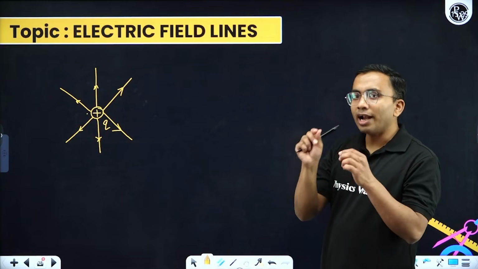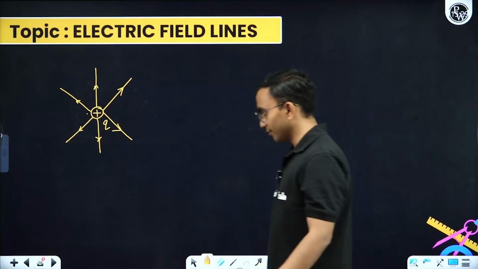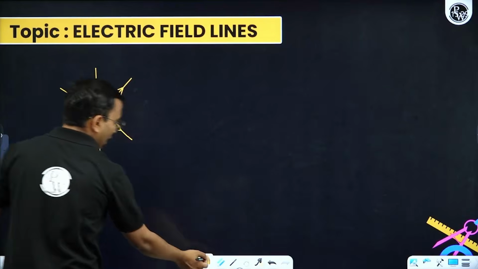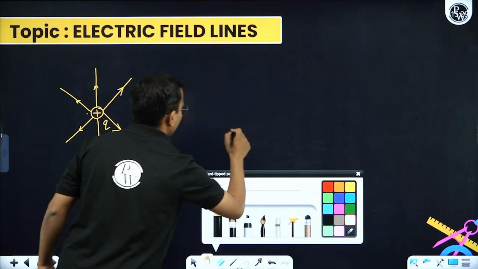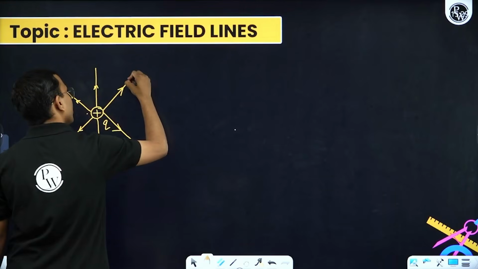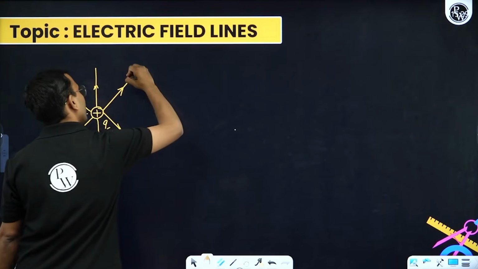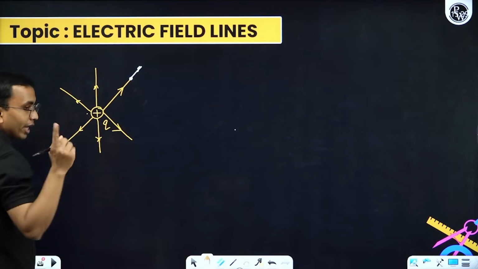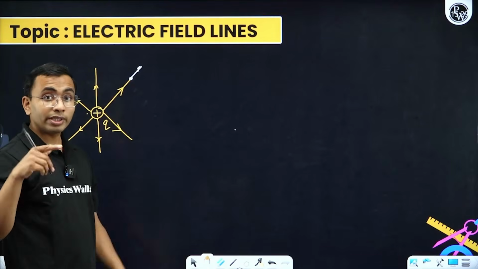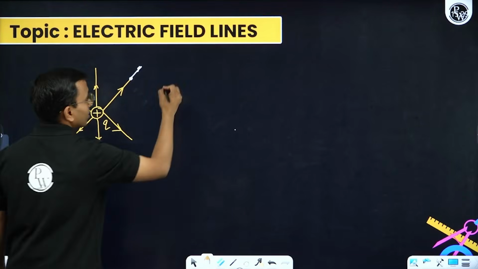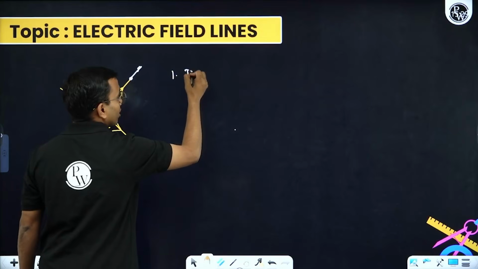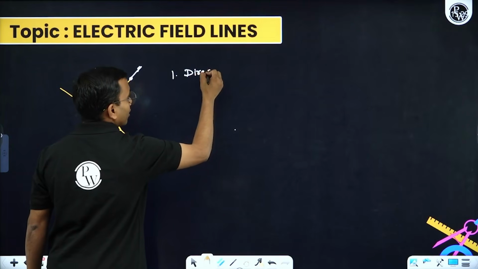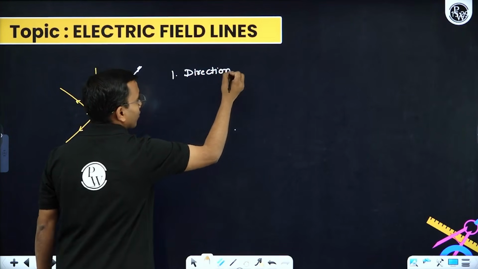The tangent at that point to the electric field line. Let us take electric field at this point. Take the tangent. Now this is a straight line, so here the direction of electric field is this. So electric field lines give you the idea of the direction of electric field.